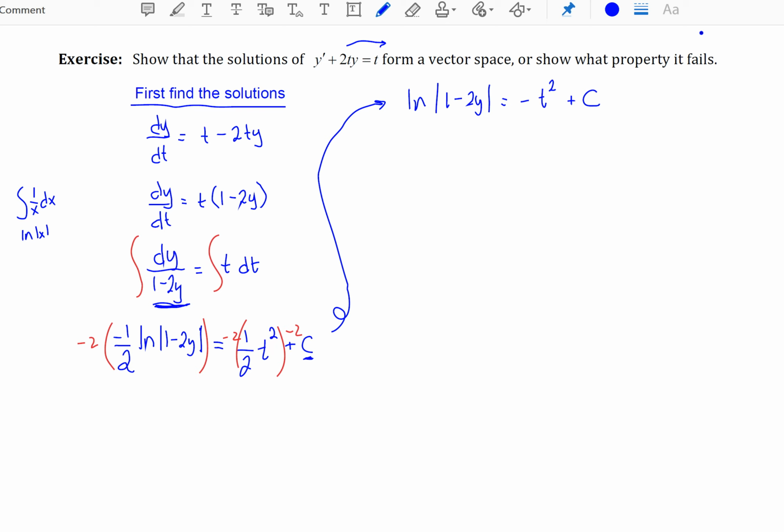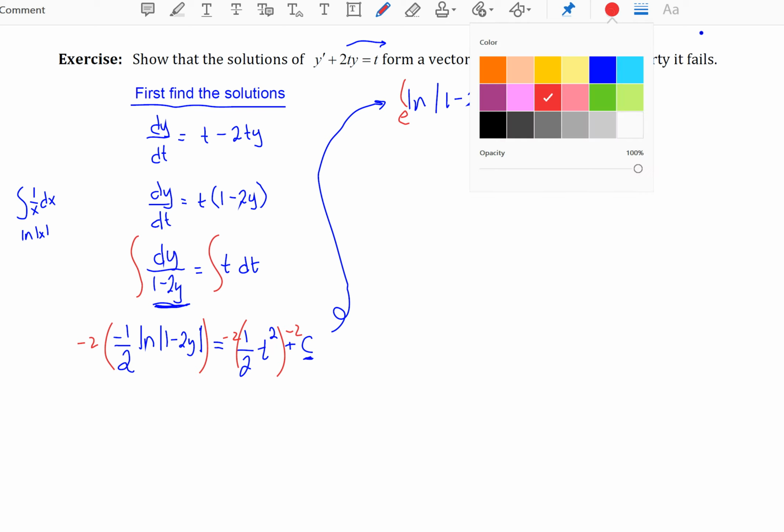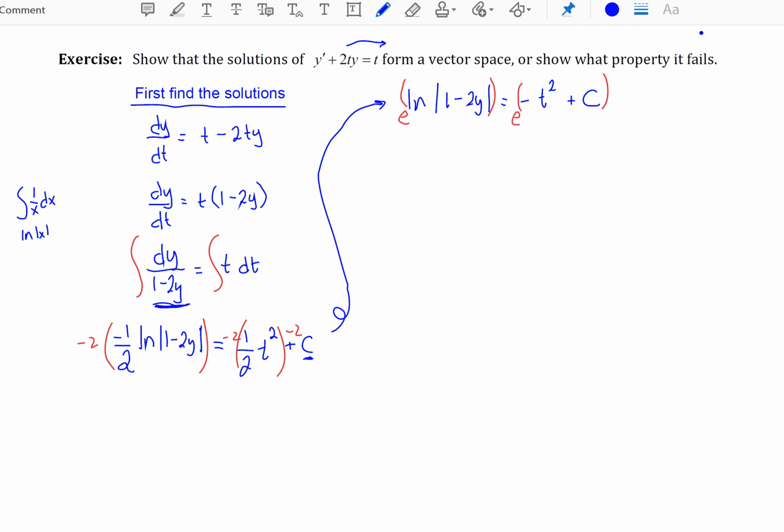Okay, now to get the y by itself, we'll exponentiate each side with base e, with the expectation that on the left-hand side, the exponent and the natural log will cancel. And I'm going to write this right-hand side as a product of two exponentials.